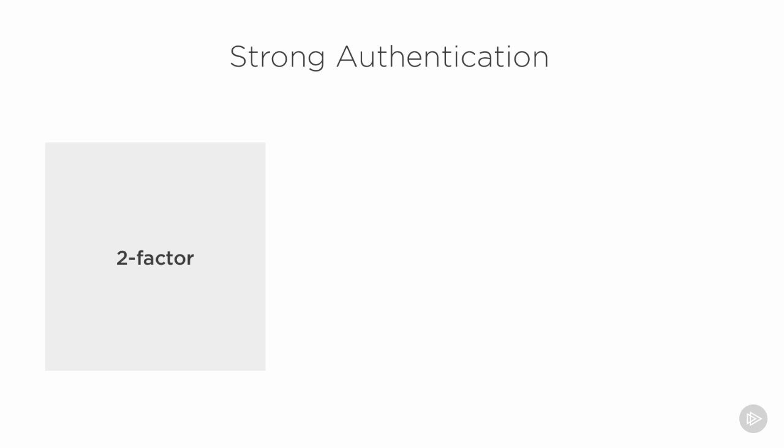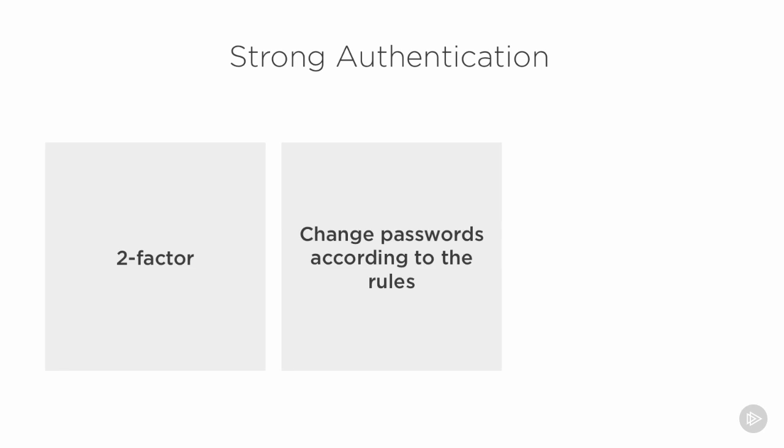We may require a person to put in a PIN number as well as, for example, have the correct fingerprint. That would be two-factor because it's a combination of something you know, the PIN number, with something you are, the biometrics.